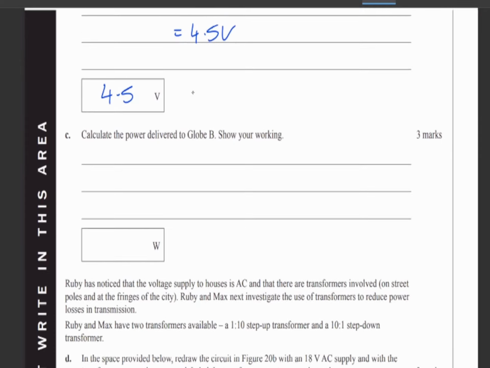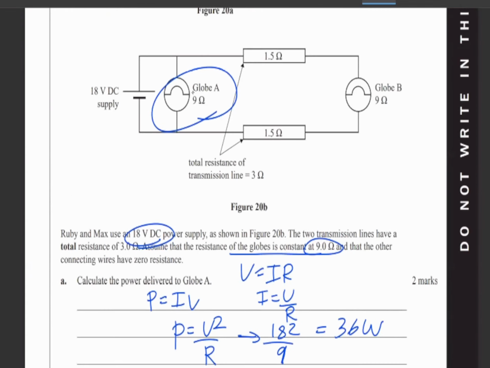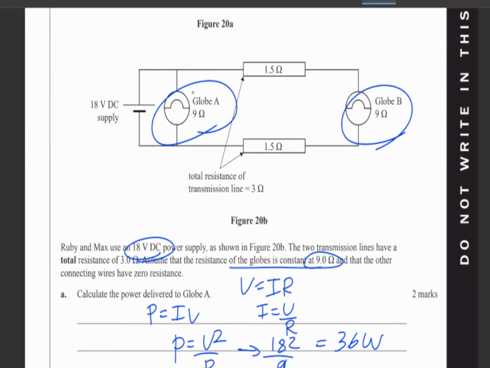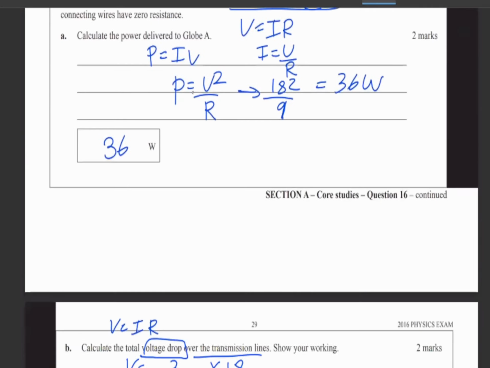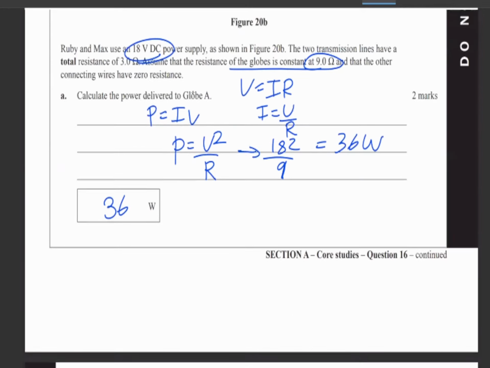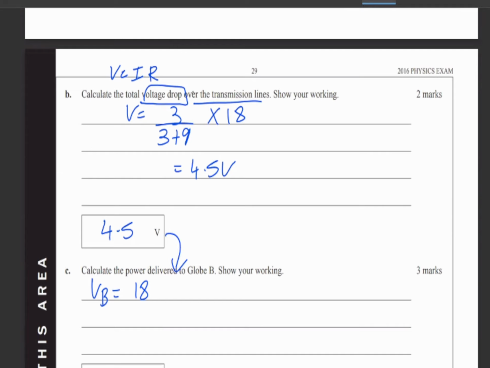Calculate the power delivered to globe B. So globe B is here. So VB. So we find the difference because it's going to be lost of the voltage. So VB is going to be 18 is the input, and we found the losses here. So minus 4.5, which is equal to 13.5.